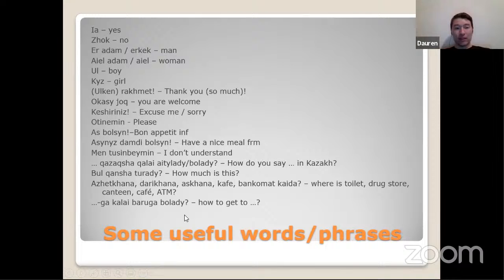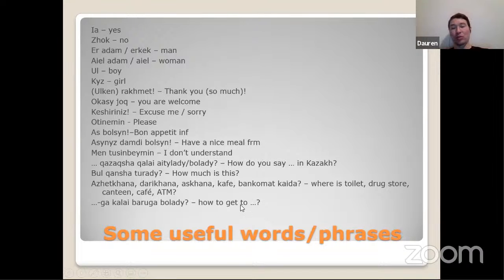And how to get to somewhere will be: name the place's name, then Қалай баруға болады? For example, how to get to Mega. Мегаға қалай баруға болады?